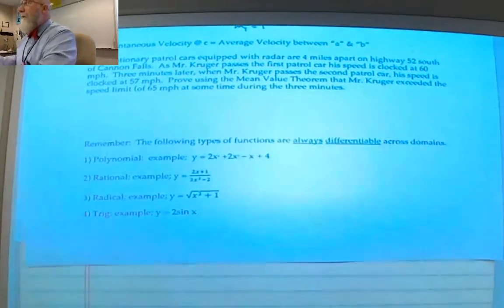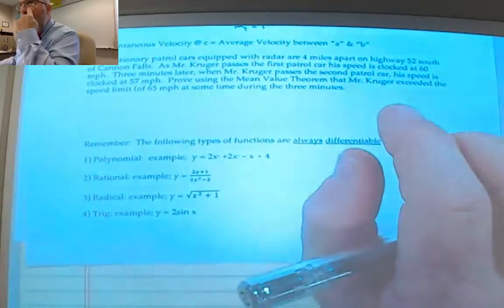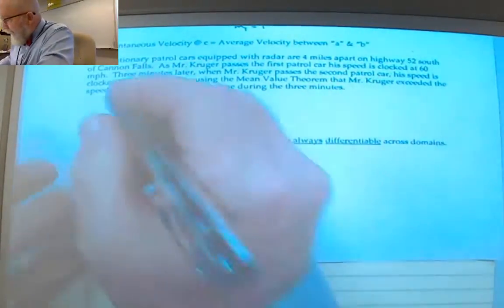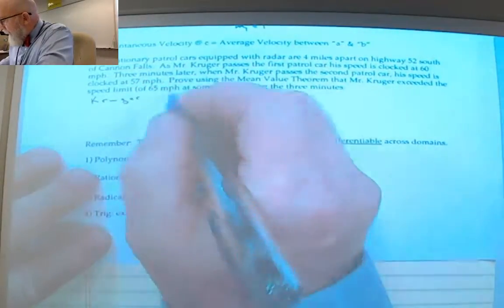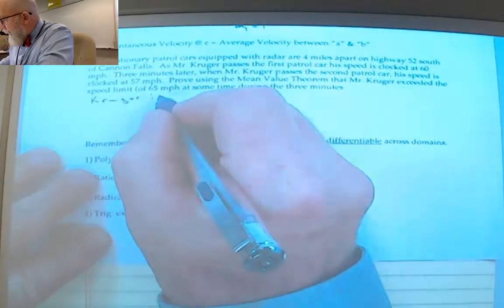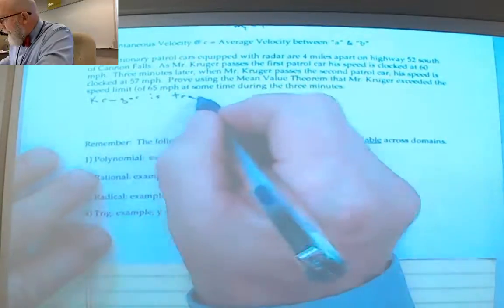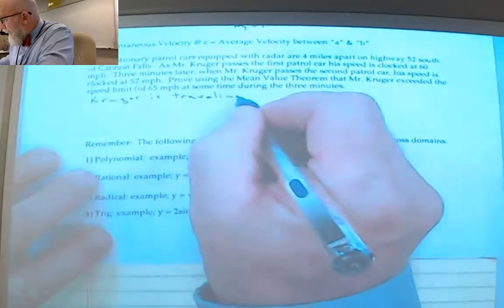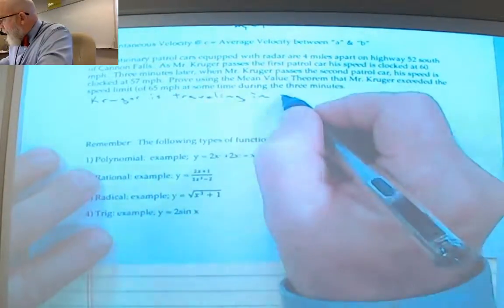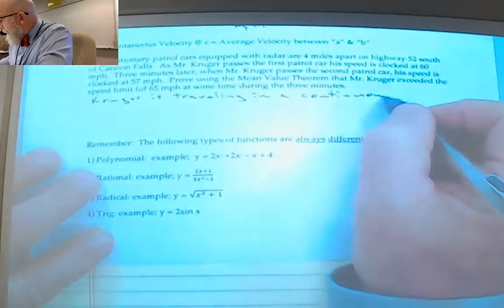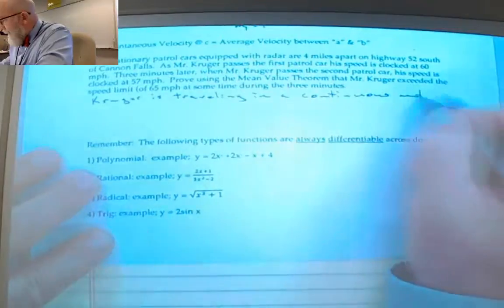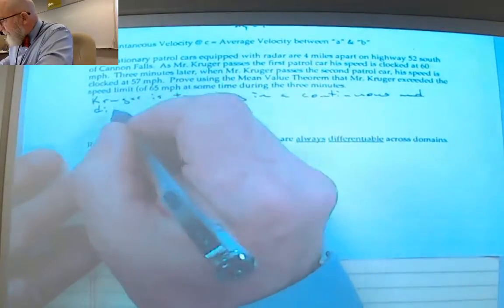Well, the mean value theorem requires, first of all, that the car is traveling in a continuous and differentiable movement.